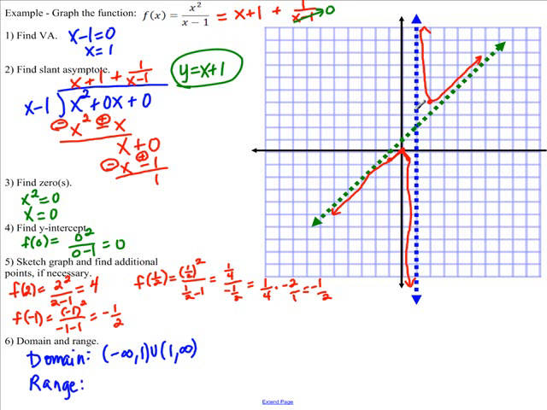From what we've seen, we could guess that the range for the bottom piece is -infinity up to 0, including 0 because we have a point on the graph. Then it picks back up at 4 and goes on up to infinity.